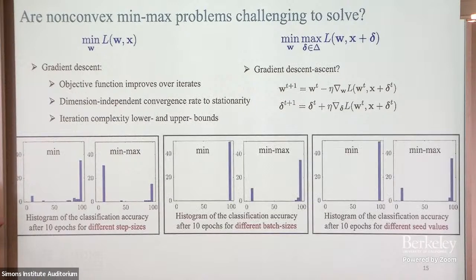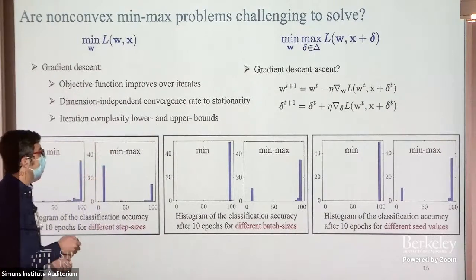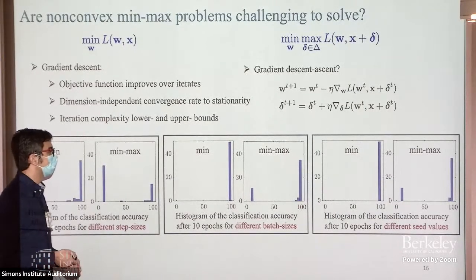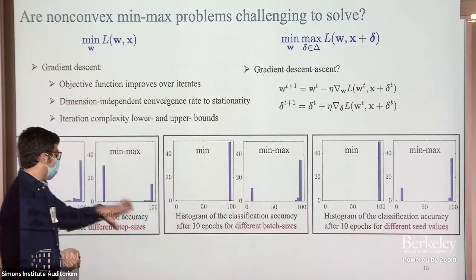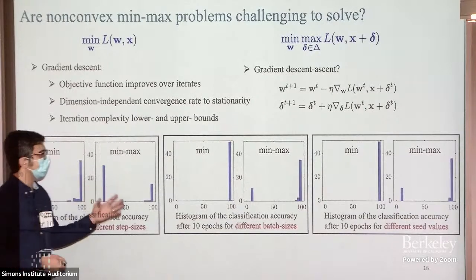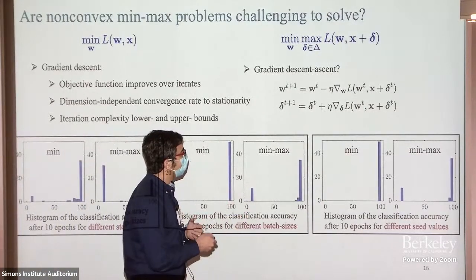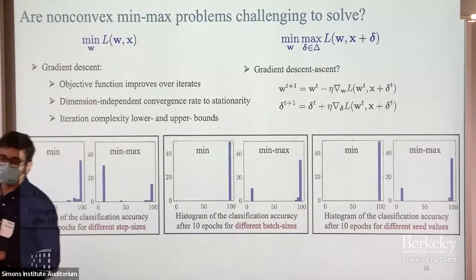That's not just the step size. If you repeat it, for example, for different batch sizes, you see the same thing. Regular minimization almost always converges in our experiment. Min-max many times doesn't converge. Even if you find the best batch size and step size that works for everyone, but just randomly change the seed value, the regular minimization always converges, but the min-max formulation doesn't converge in many cases.